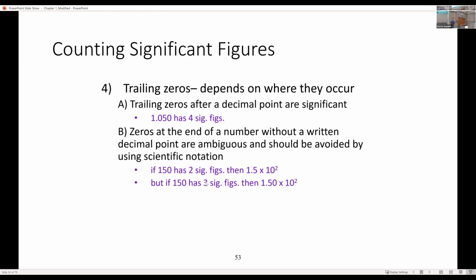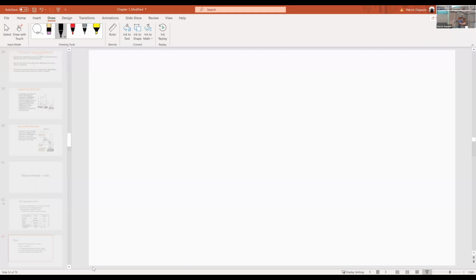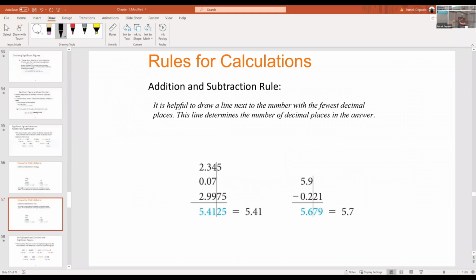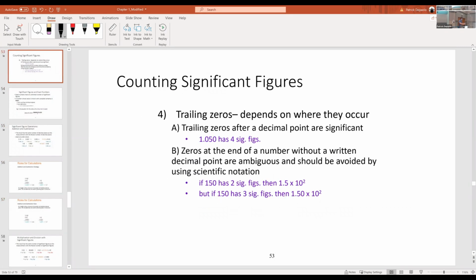That 150 is very similar to, let's say, your beaker went from 100 to 200, and your water level was in the middle, and those are the only 2 tick marks.